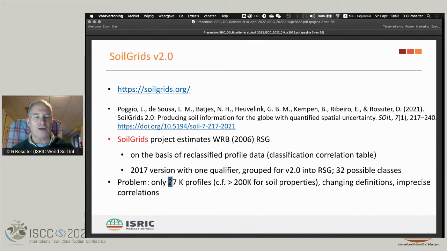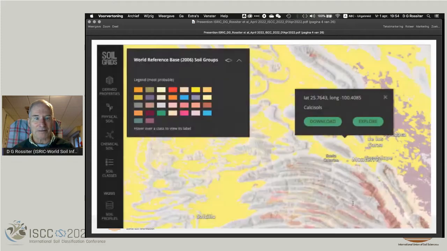We only had 27,000 profiles. Definitions changed. They were used in a lot of different systems. So we hope to pick this up again. But for now, we at least try to get reference soil groups. What I'm talking about now will really apply to any soil class map.